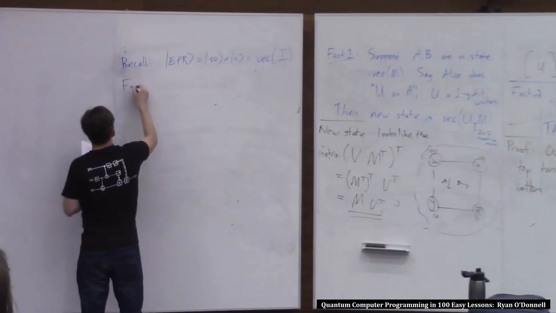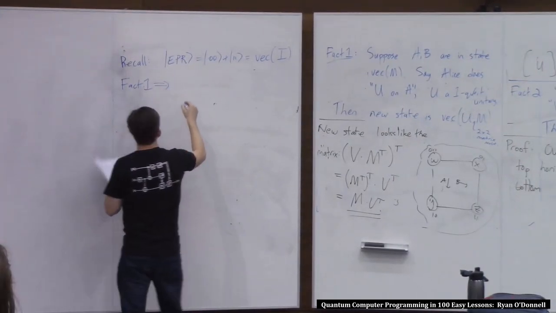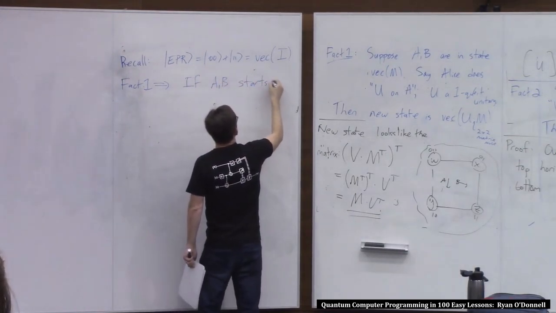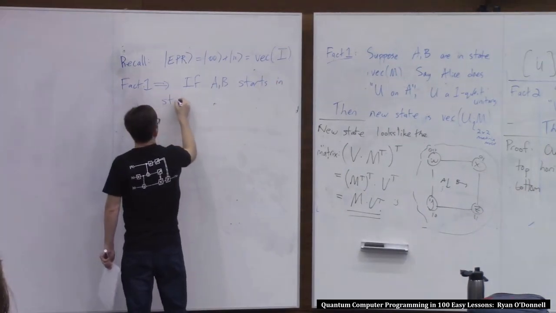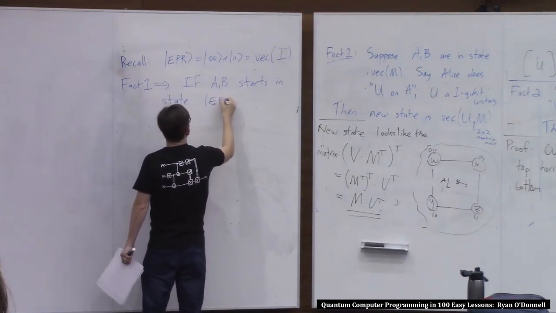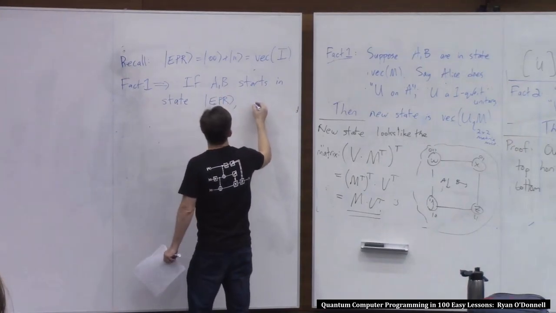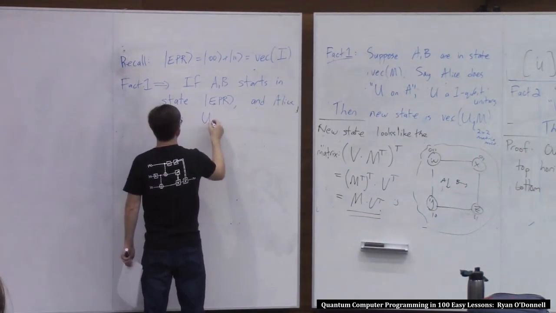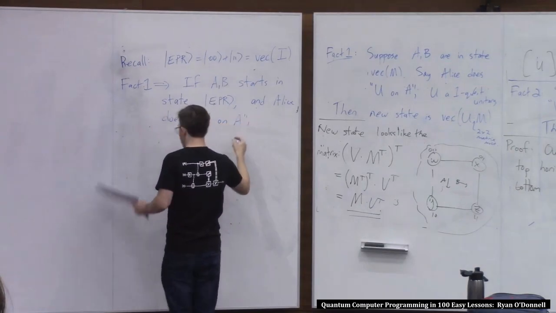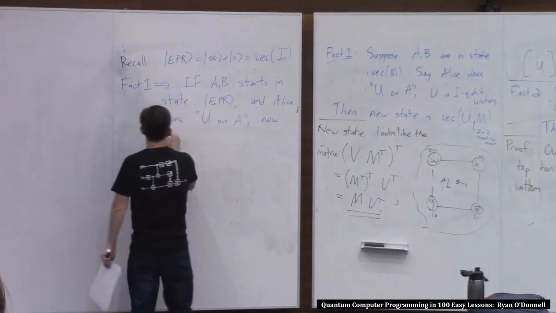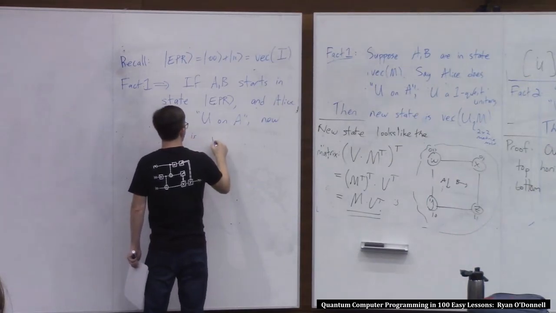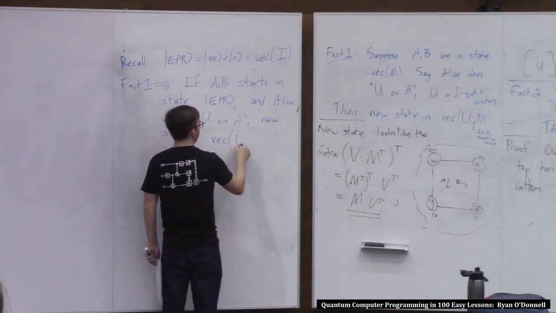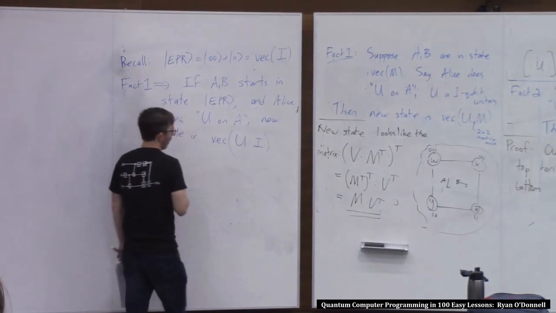So fact 1 tells us that if Alice and Bob have 2 qubits and they start in this EPR state, and then Alice does any unitary operation U on her qubit A, the new state, when you draw it as a 2 by 2 square, looks like U times I. Oh, but this is nice.